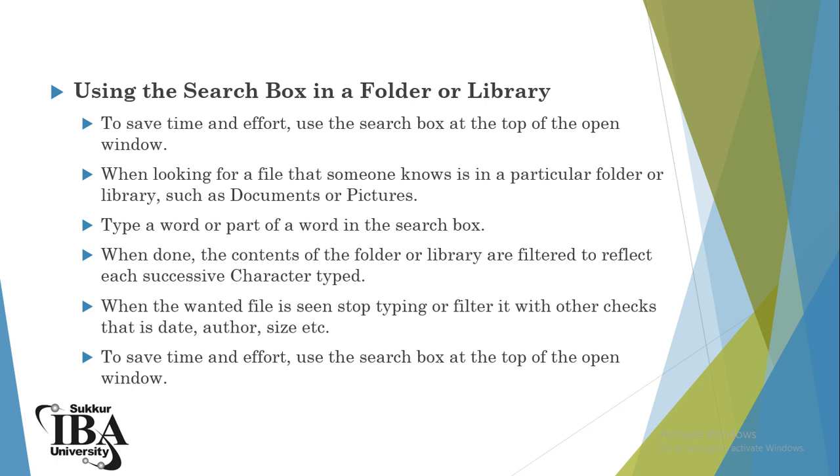When the wanted file is seen, stop typing, or filter it with other criteria such as date, author, size, etc. To save time and effort, use the search box at the top of the open window.